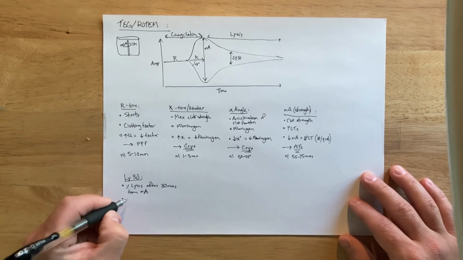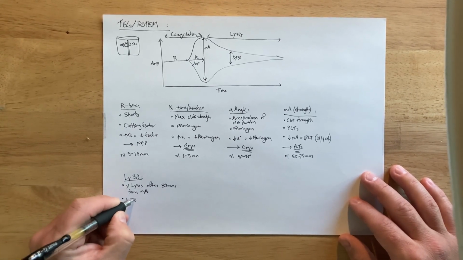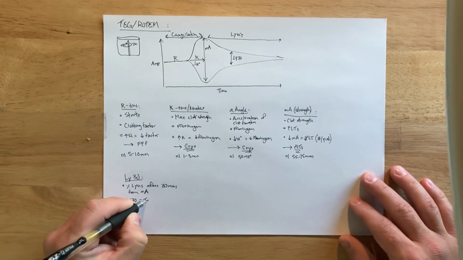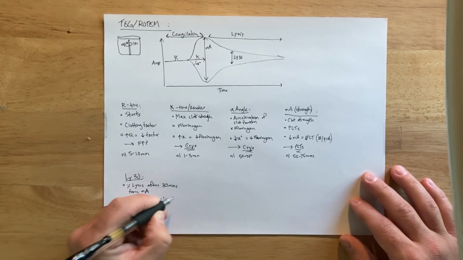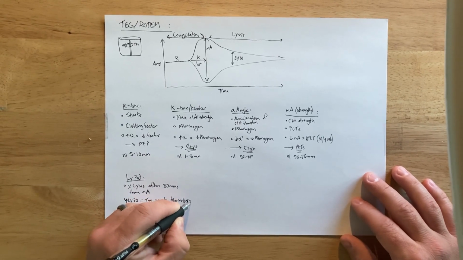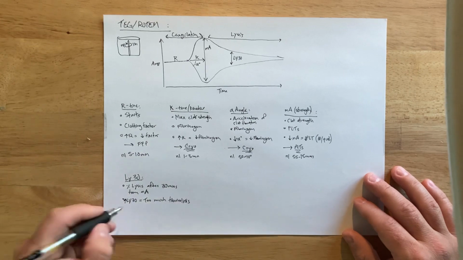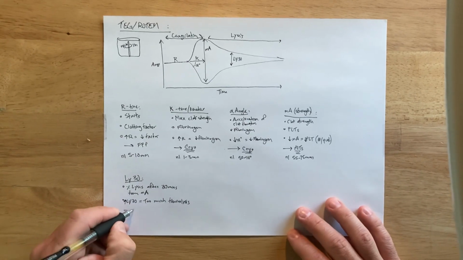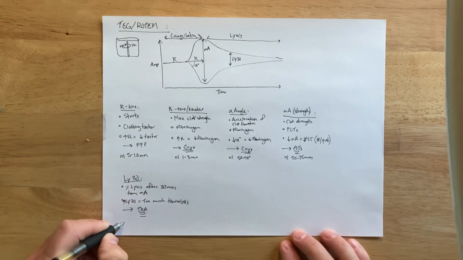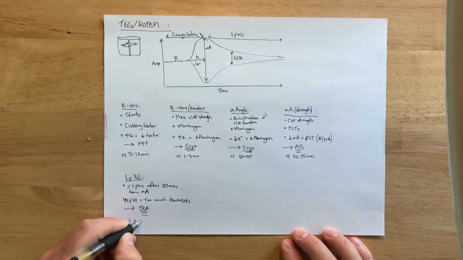So if this LY30 is elevated, that means there's too much fibrinolysis. Okay, so what you need to do is give them TXA, tranexamic acid. And the normal values here are about 0 to 8%.